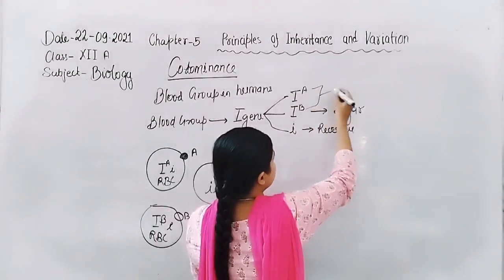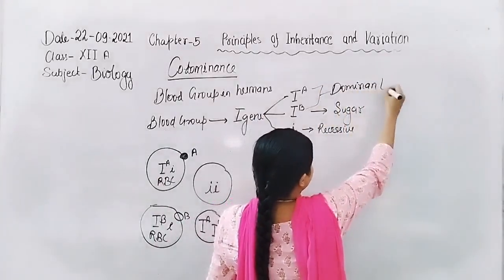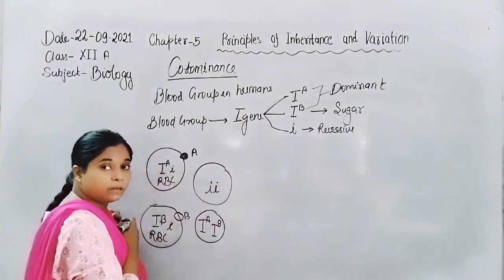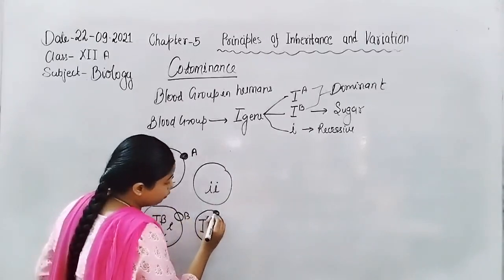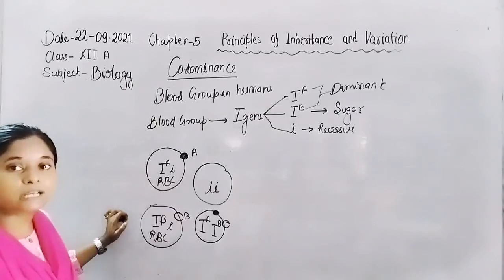So both alleles are considered dominant alleles. Now, if I A and I B are both present, both types of sugars are synthesized by the RBCs.